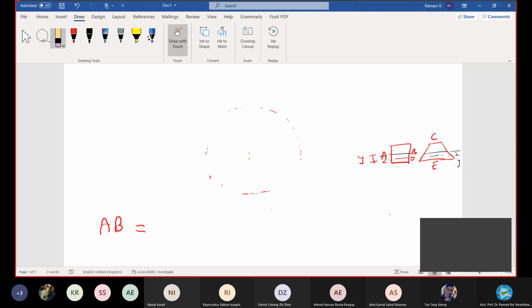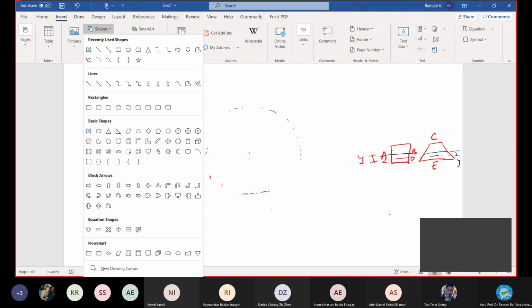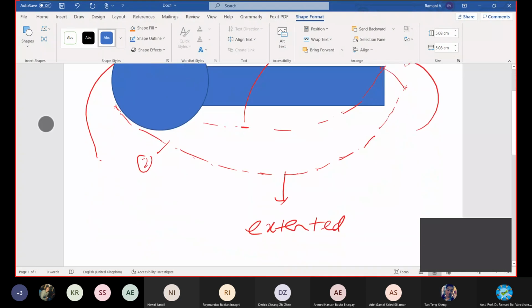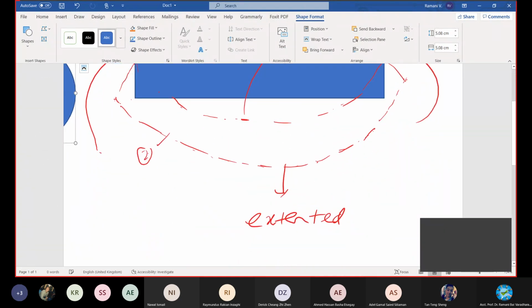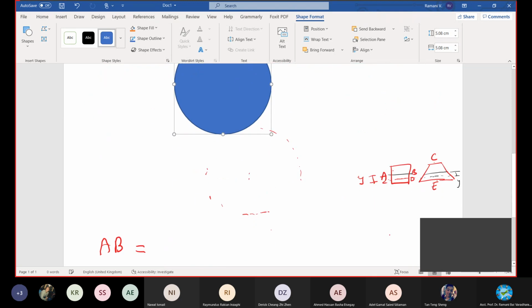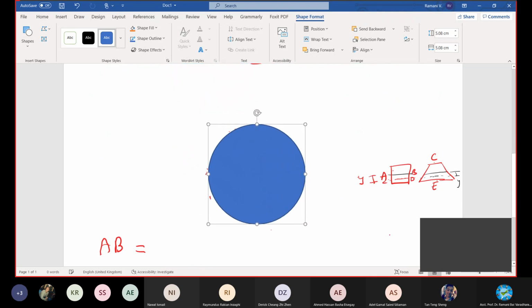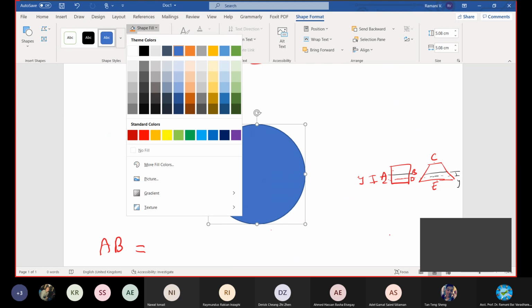When you take the deformed position, a circle is there, but I take a neat circle. Then later I explain. Insert a circle. I take this circle. Hold on, let me finish drawing, then I explain where we are. I just take the circle itself, easy, no fill.